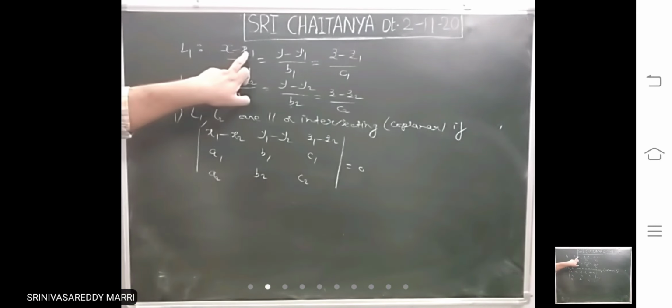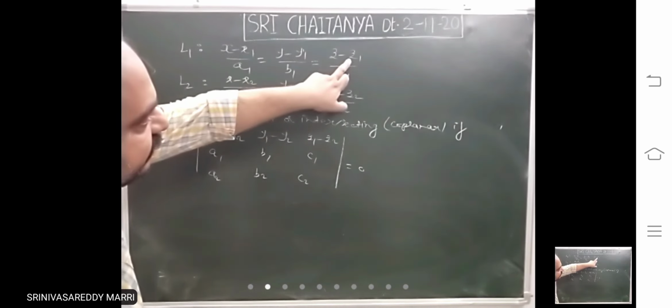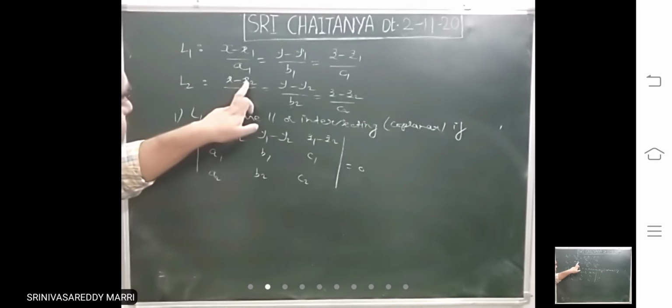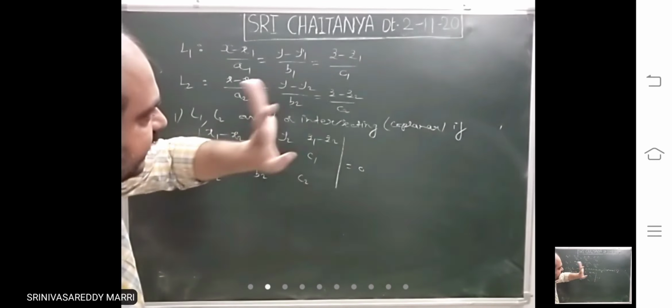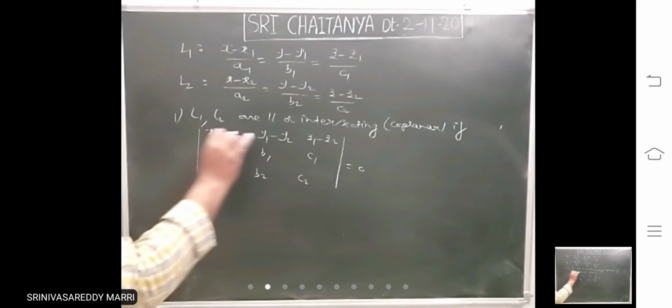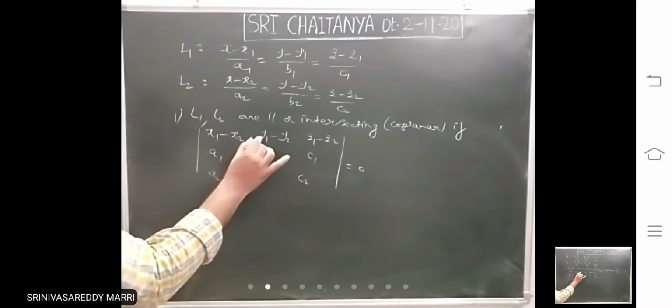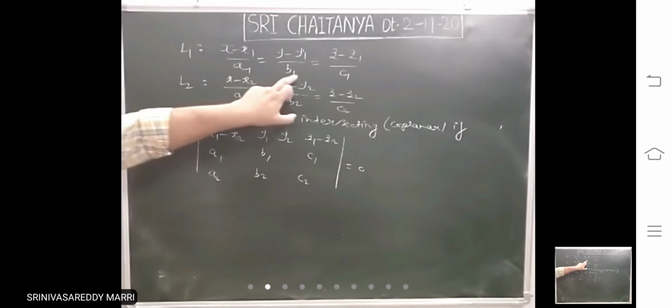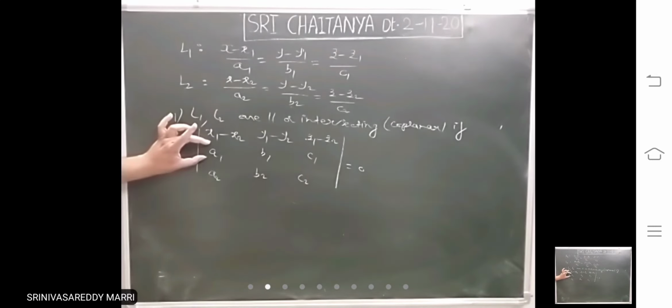The point x1, y1, z1 we will find out, and x2, y2, z2 also. In the first row you write x1 minus x2, y1 minus y2, z1 minus z2. In the second row a1, b1, c1, the DRs of the first line. In the third row a2, b2, c2, the DRs of the second line. This is the condition in Cartesian form.